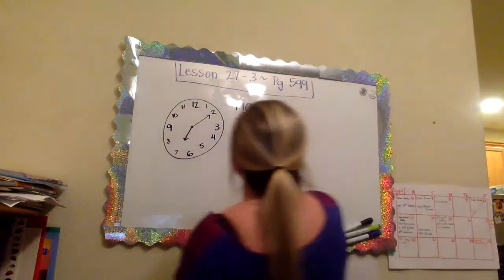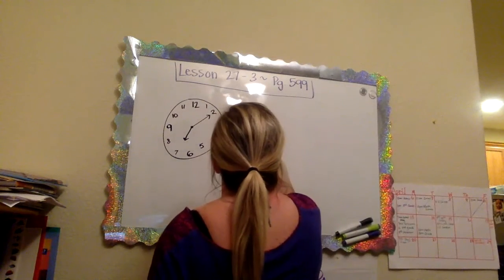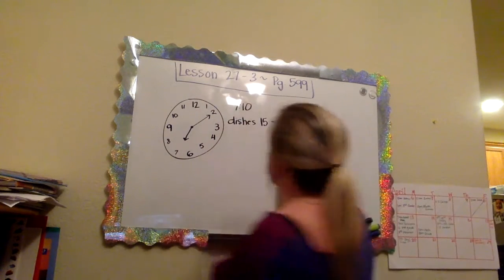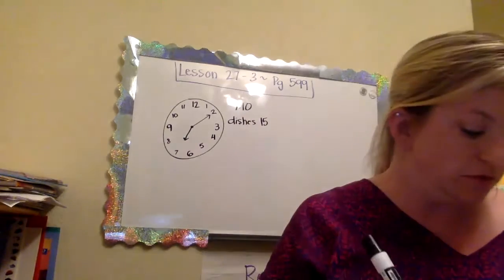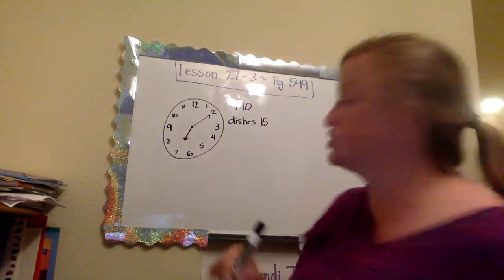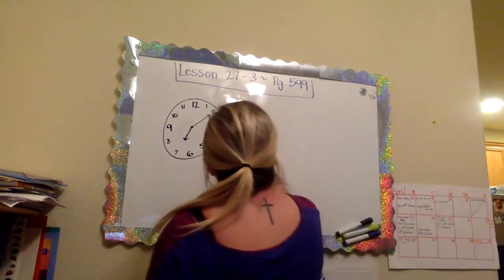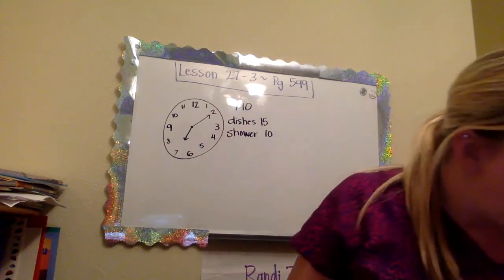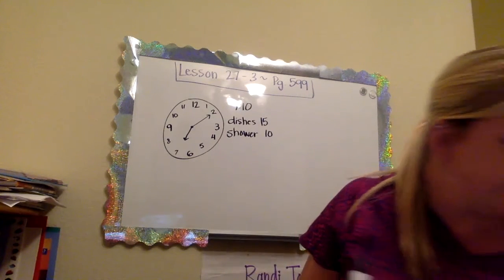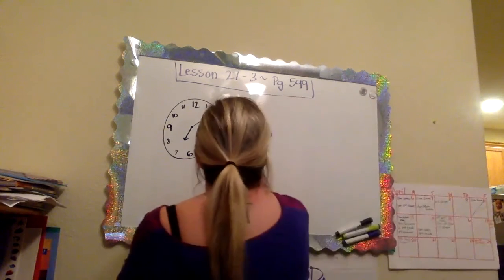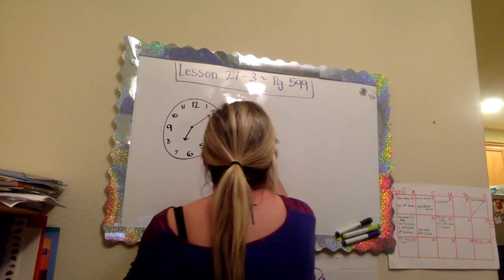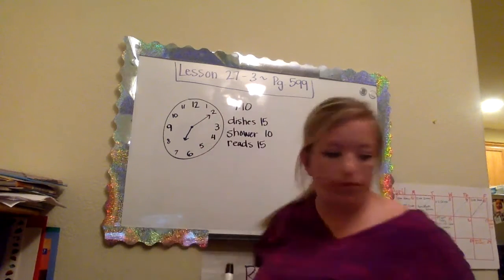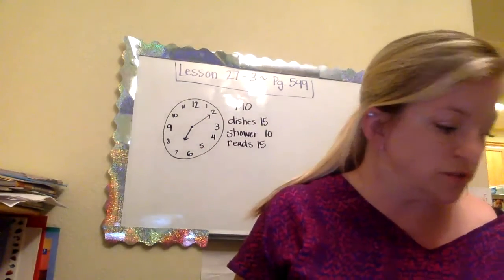He does dishes for 15. Remember, you'll have to pull out the most important information from your problem. Shower for 10. And he reads for 15 minutes. What time does Nate go to bed?